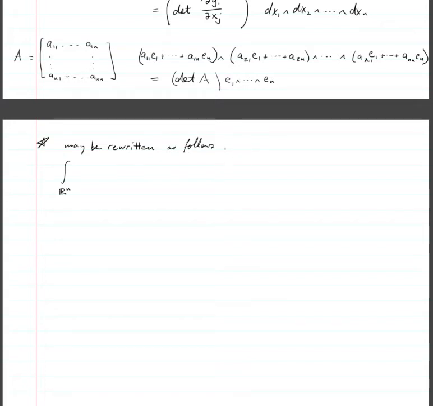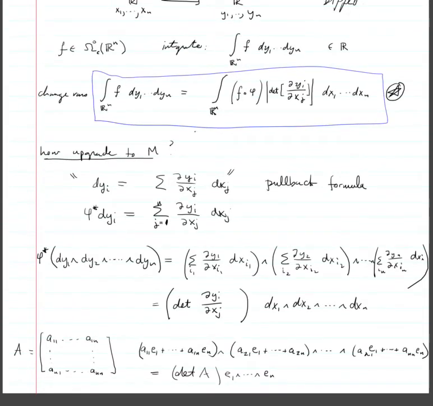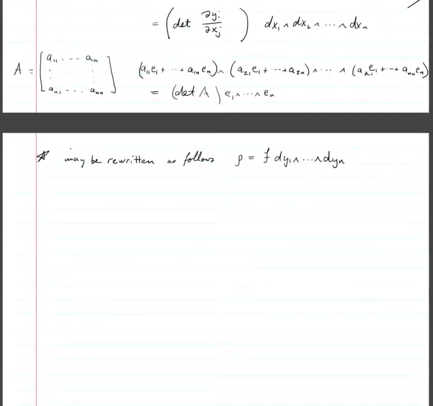We can say that rho is a differential form, which is f times dy1 wedge up to dyn. Inspired by this, we'll think that what's being integrated here is not f, but actually a differential form, f dy1 wedge up to wedge dyn.